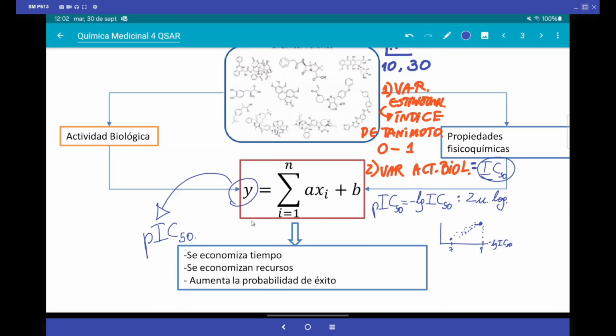And with an equation, time is saved, resources are saved, and the probability of success increases. Because with an equation, we can predict a new biological activity, and we can create. Because if you create a molecule, you know what the X sub i are, you introduce them into the equation and it delivers the predicted pIC50.